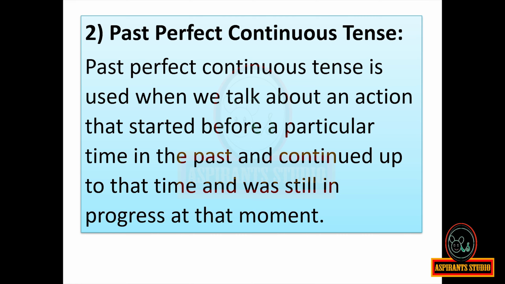Past perfect continuous tense. Past perfect continuous tense is used when we talk about an action that started before a particular time in the past and continued up to that time and was still in progress at that moment.